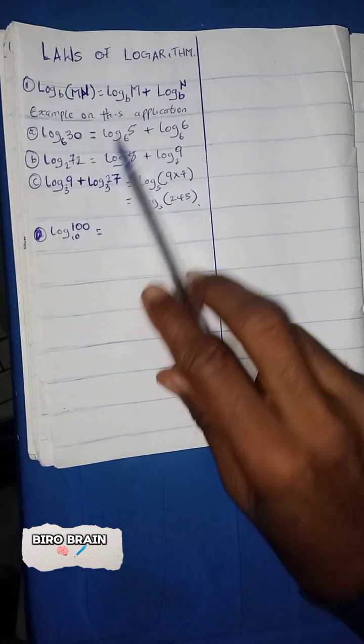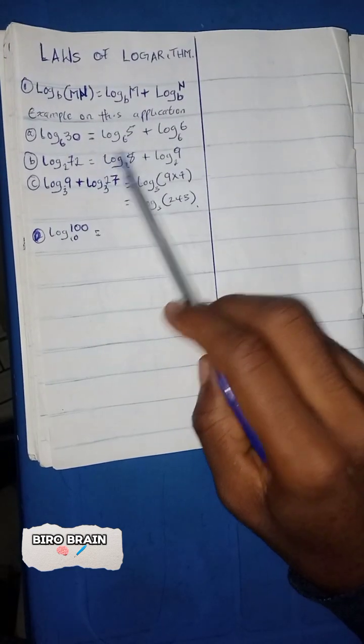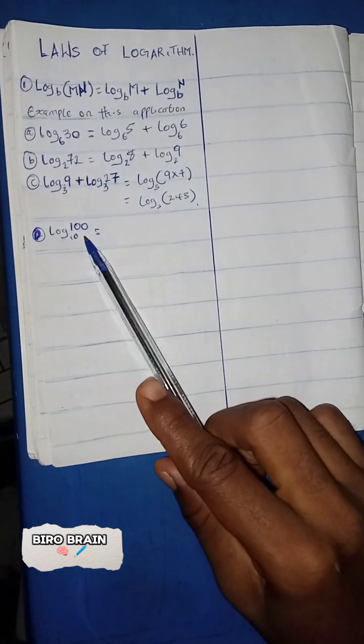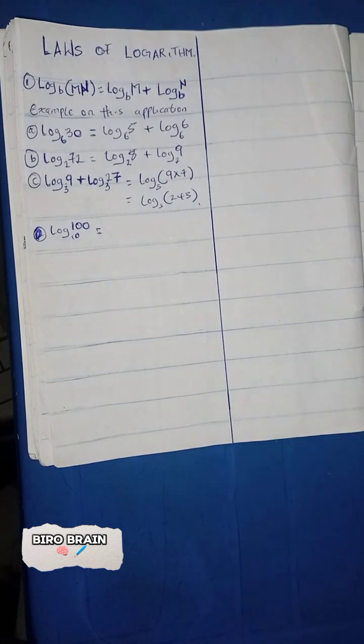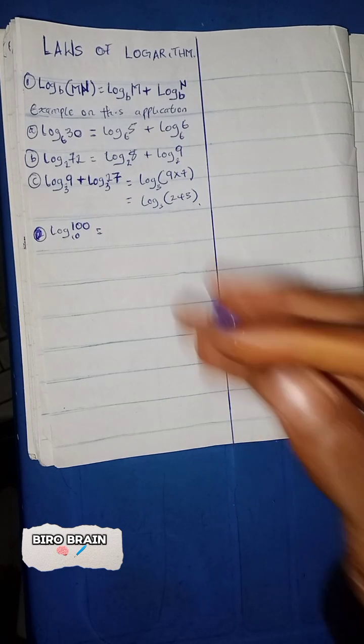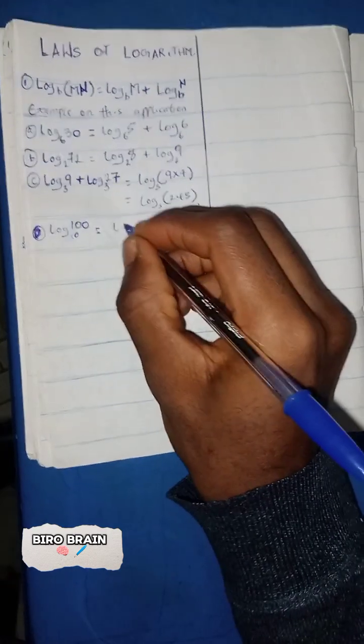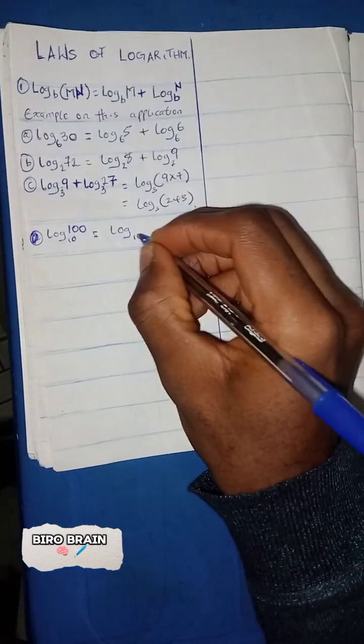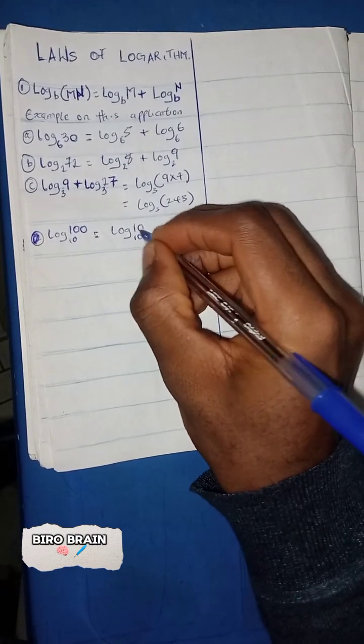This is how you would solve them if they are not perfect numbers. But now we're having a perfect number like 100. How do you solve it? We all know 10 times 10 will give us 100, so we can as well say this is log 10 squared base 10.